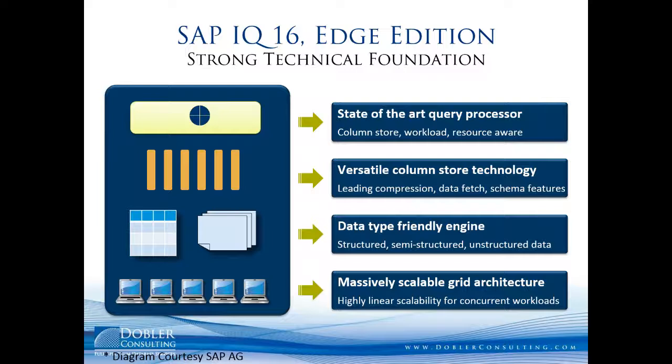Flexible schemas for your data structures in here. So this helps with migration from other systems, being able to use either the same schemas that you've used in other database technologies to plug IQ into that system, or allows you to redesign it if you want at that time. And that's something Dobler can help you decide, what's the best way to do that type of a migration.